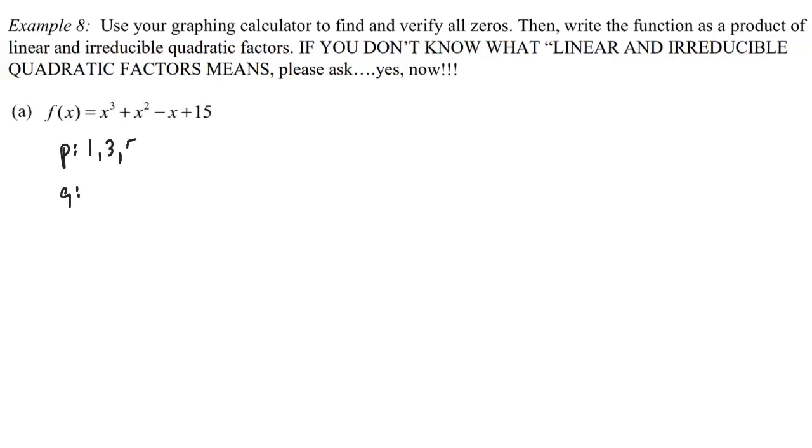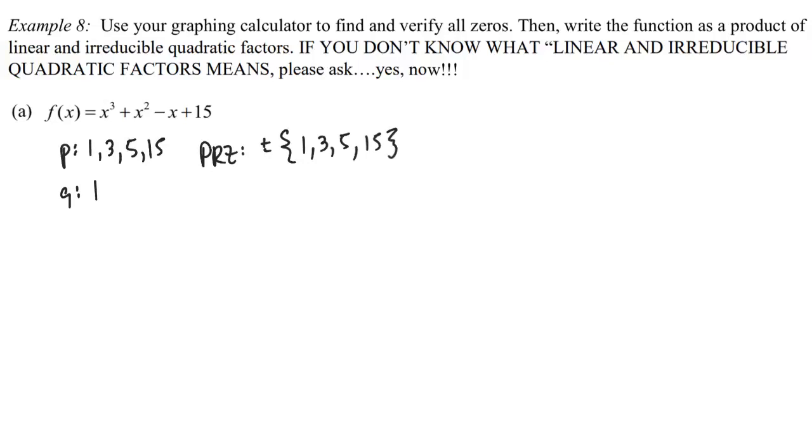And so that will be 1, 3, 5, and 15. Q is the factors of the leading coefficient, which is just 1. And so the only factor of 1 is, of course, 1. And so my PRZs, my possible rational zeros, are going to be plus and minus all of the p's divided by 1. So that will be 1, 3, 5, and 15.